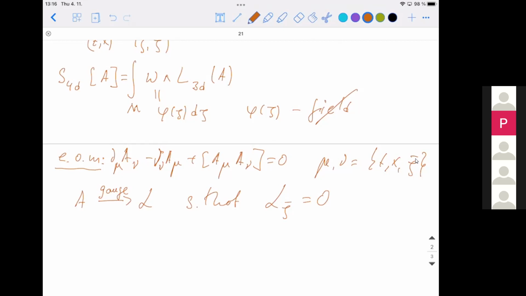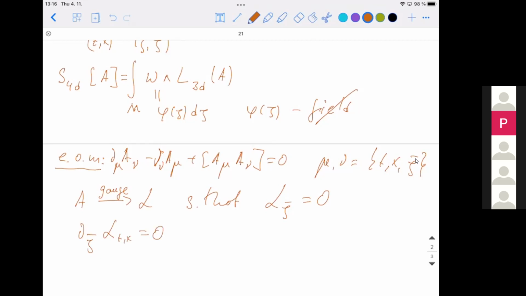So here I just wanted to make the point of what we are going to do. Our point is that we need to do some gauge transformation so that the third component, lambda along zeta bar, is 0.